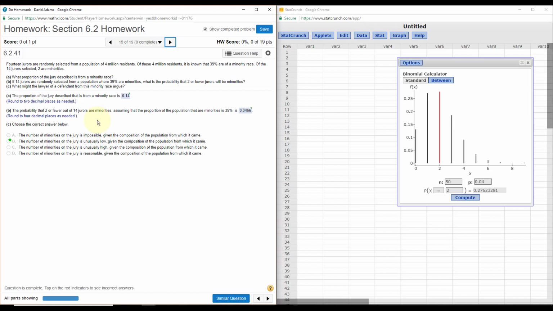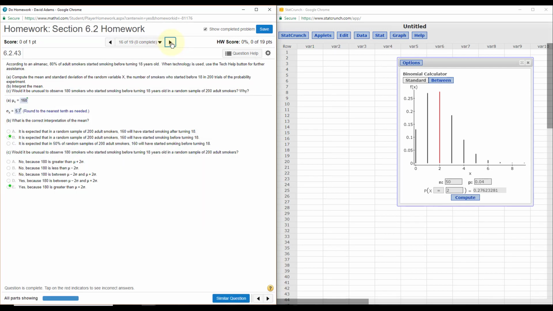So they're asking, what's the probability of only getting 2 minorities out of 14 jurors if the true population proportion is 39%? The answer is less than 5% in this particular case, and so that's unusual. And so the answer down below is the number of minorities on the jury is unusually low, given the composition of the population from which it comes from. This composition of the population is referring to the 39% minority.